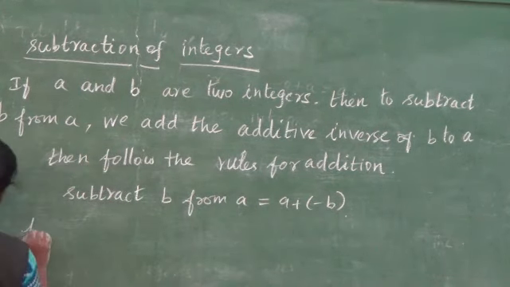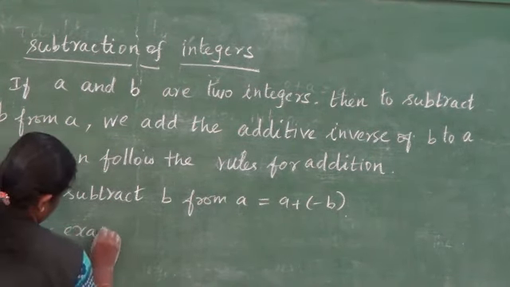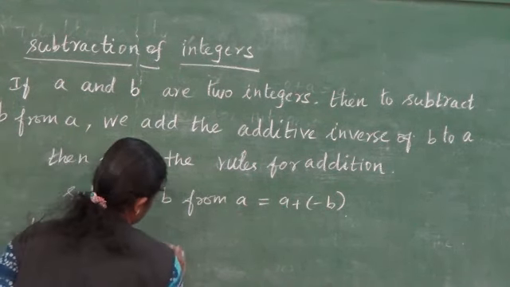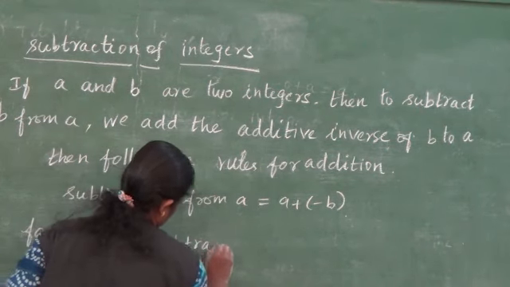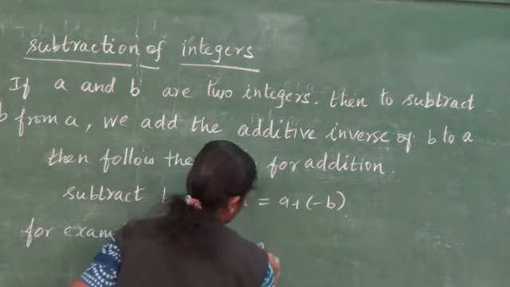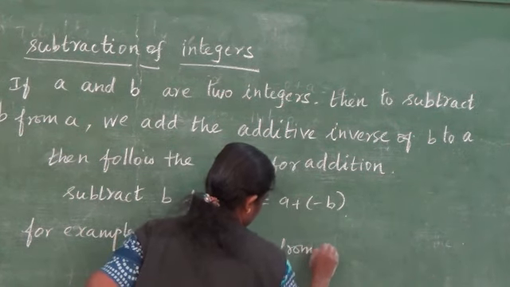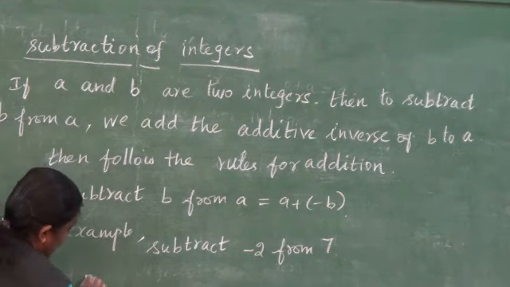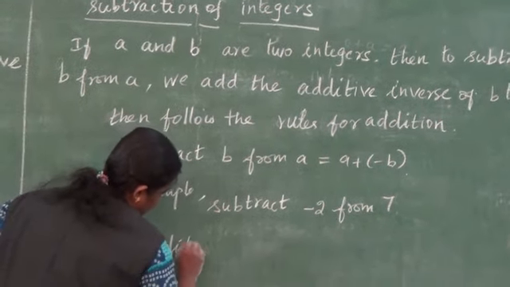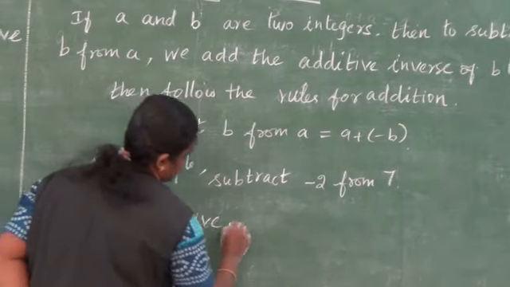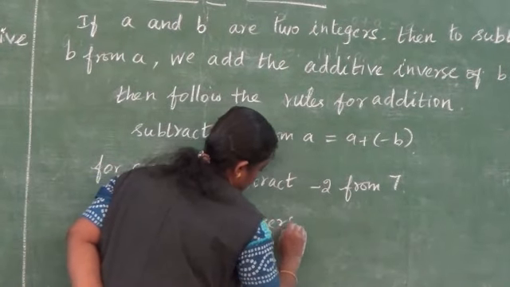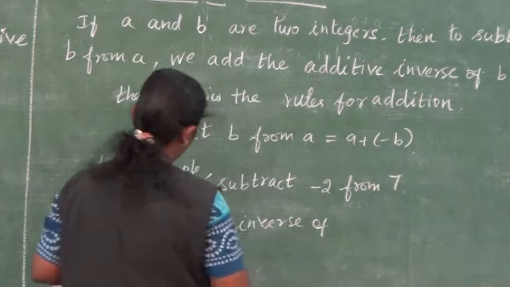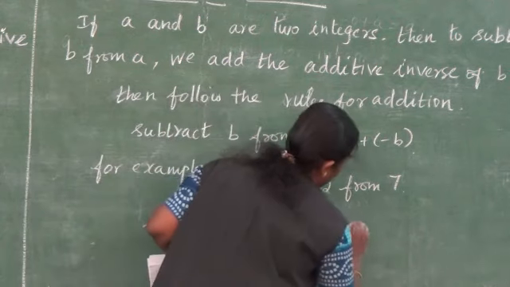For example, subtract minus 2 from 7. How to find out the additive inverse of minus 2?